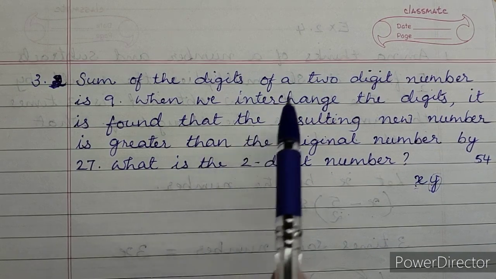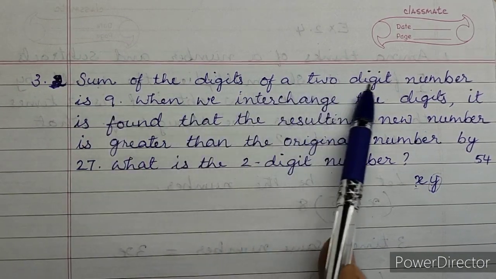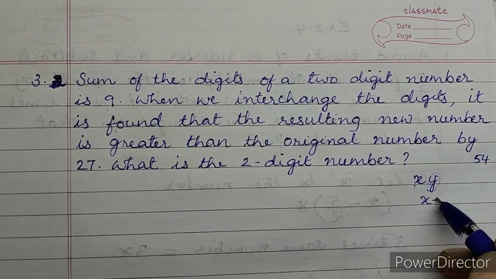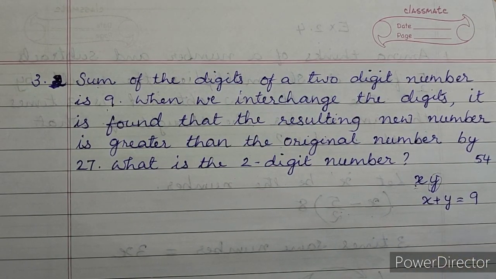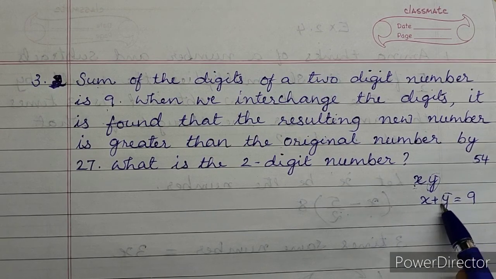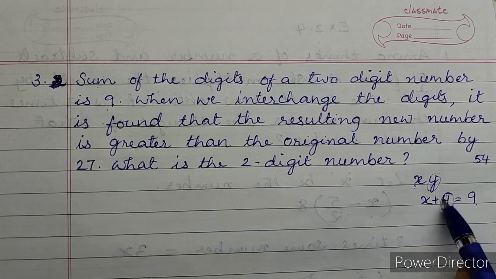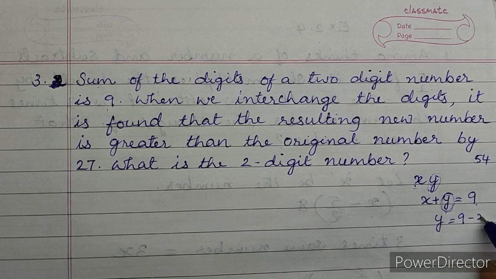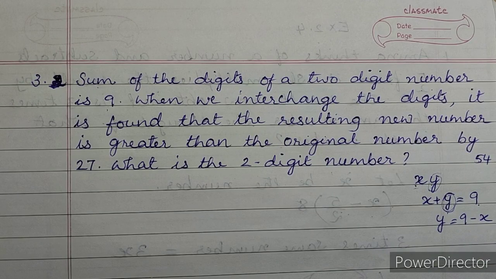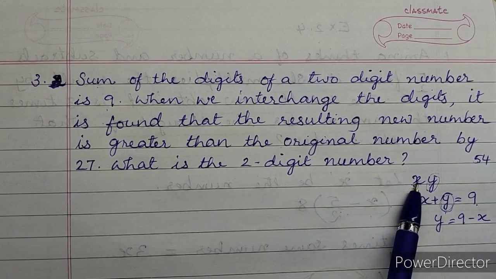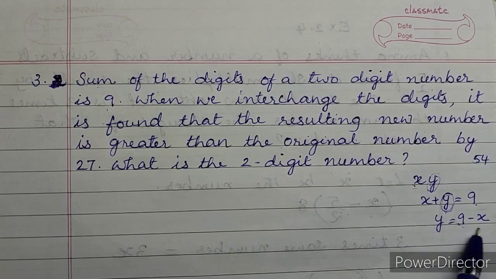For that only, this condition they have given. Sum of the digits of the 2-digit number is 9. So that means x plus y equals 9. Now you can find y. Taking x to the other side, you can find y in terms of x. Y equals 9 minus x. So that means your tens place digit is x and units place digit is 9 minus x.